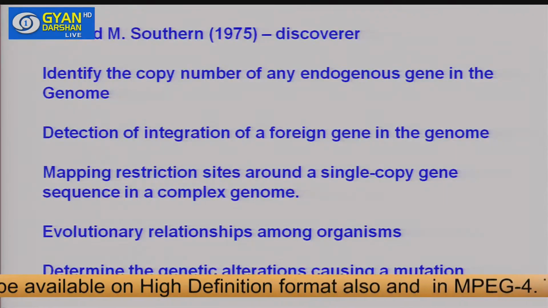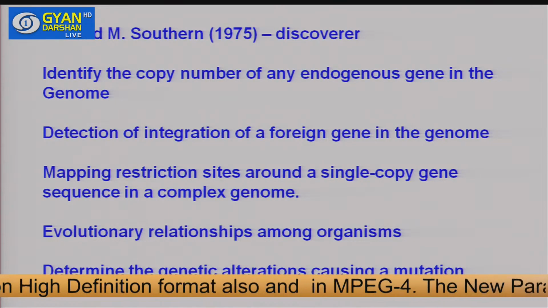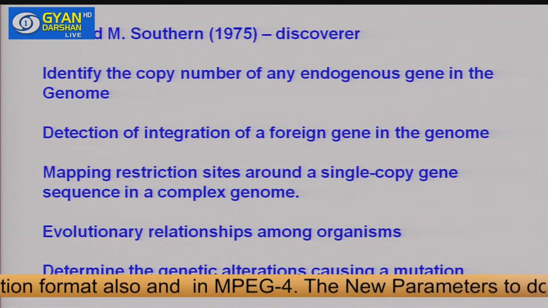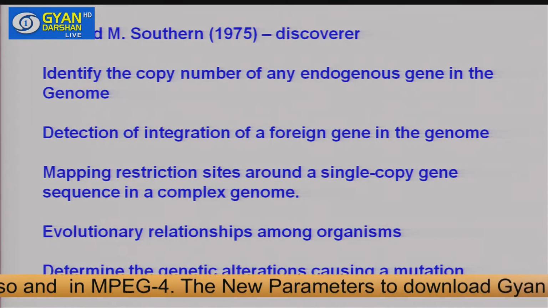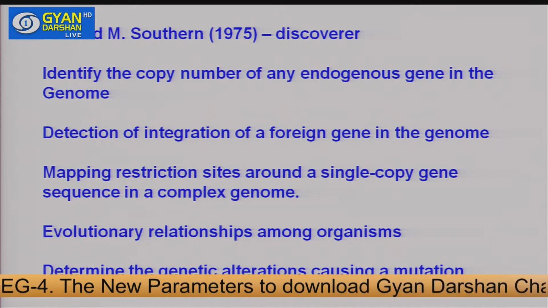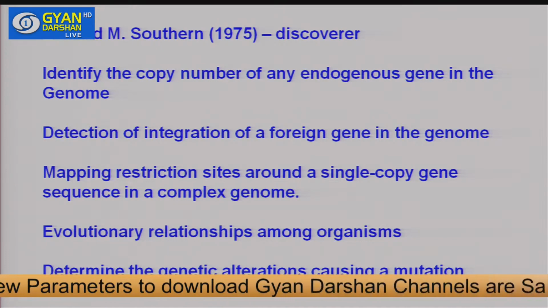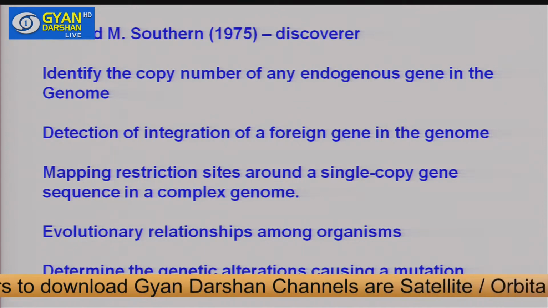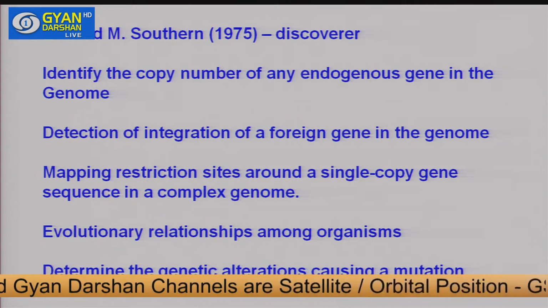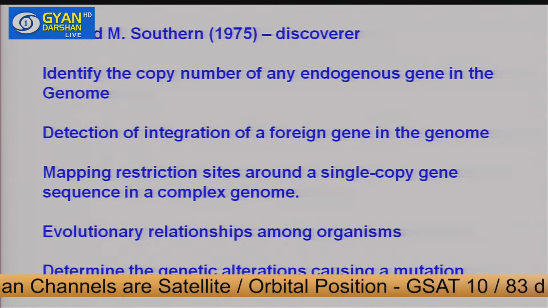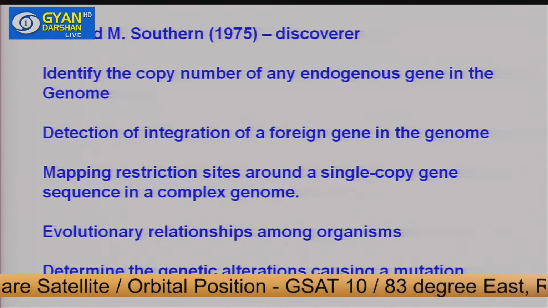Before going into the techniques, I would like to mention that once you develop a genetically engineered plant, you need to analyze whether you have constructed it in a proper fashion. That means you need to undergo certain molecular analysis.